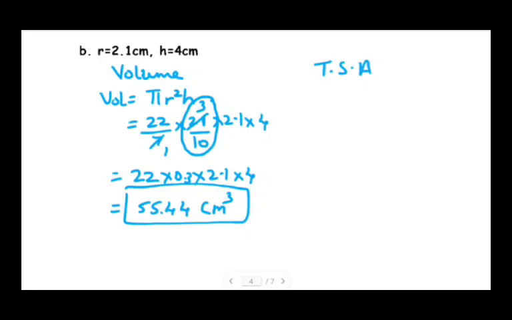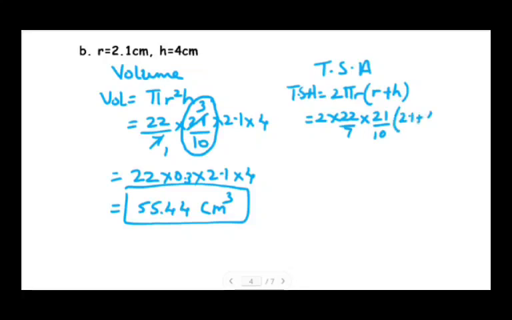Alright. What about the TSA? What's the formula for total surface area? TSA is equal to 2 pi r times r plus h, which is equal to 2 into 22 upon 7 into r is how much? 2.1, so I'm going to write 21 upon 10, 2.1 as it is, and 4. So 7 ones are 7, 7 threes are 21.